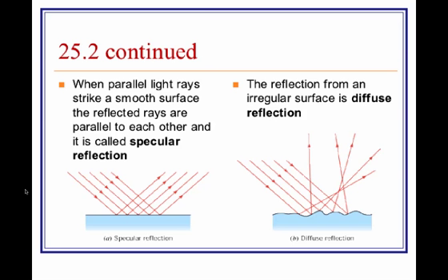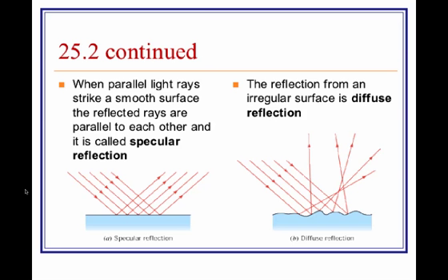Now, for an irregular surface, and this is most surfaces in general, there's a diffuse reflection, which means that the light is reflected off in all sorts of different directions, but it's still moving off at the same angle with respect to the normal at that point.